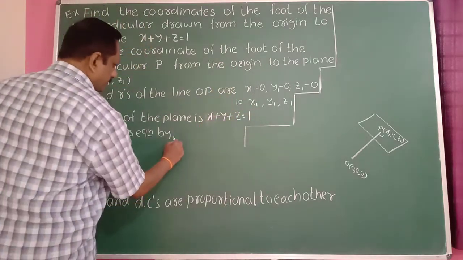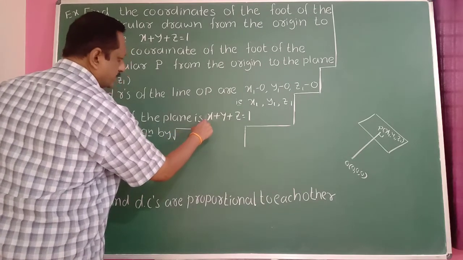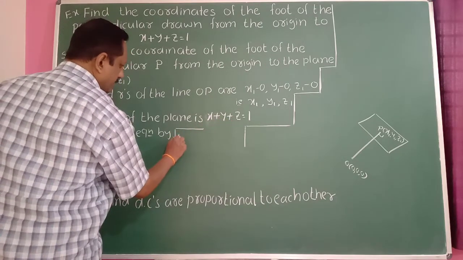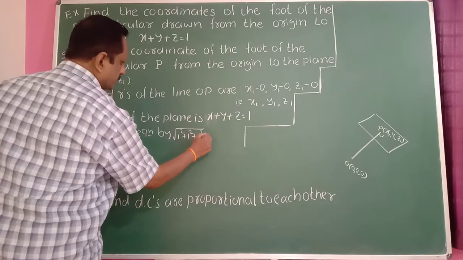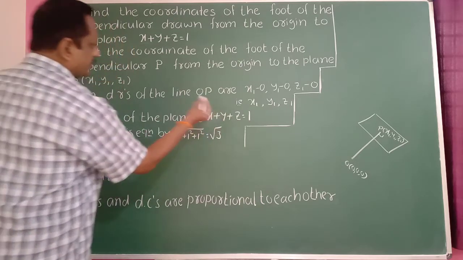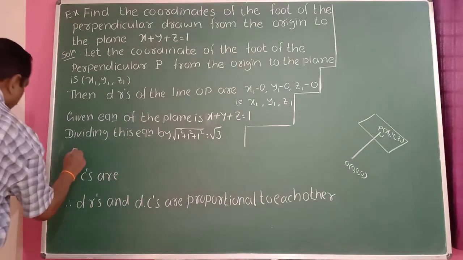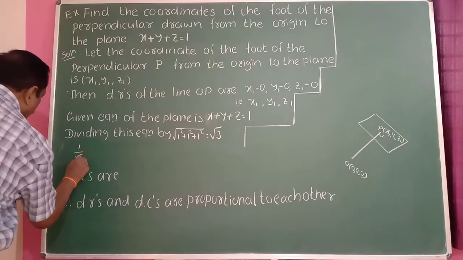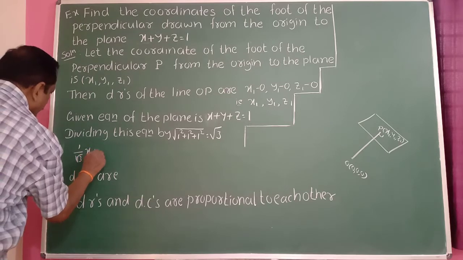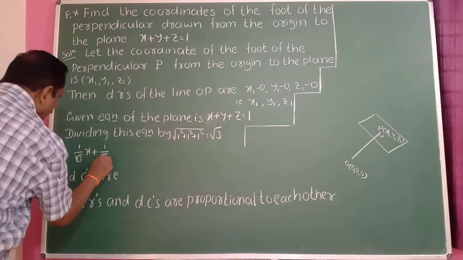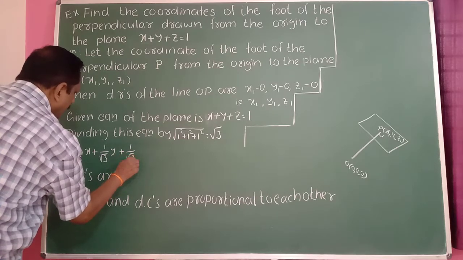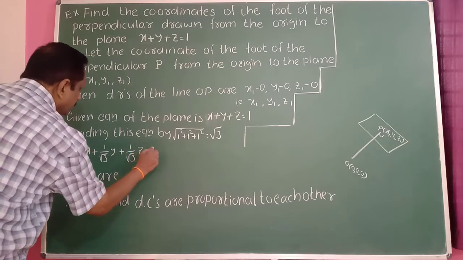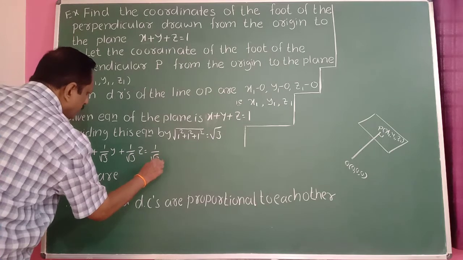Dividing this equation by root of 1 square plus 1 square plus 1 square, which is equal to root 3, we can write 1 upon root 3 x plus 1 divided by root 3 y plus 1 divided by root 3 z is equal to 1 divided by root 3.